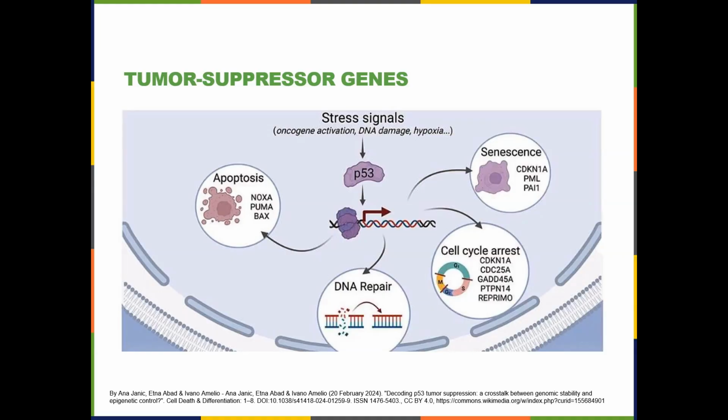A mutation that disrupts the function of these tumor suppressor genes can prevent the repair of DNA damage and prevent apoptosis, allowing unhealthy cells to continue dividing out of control.